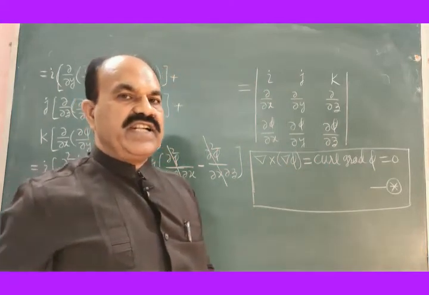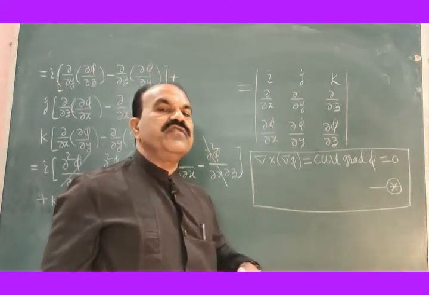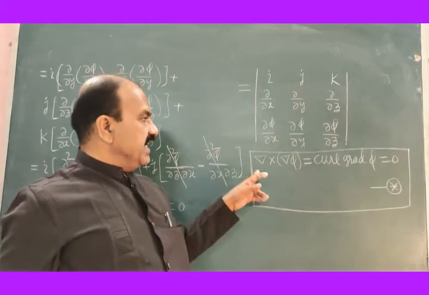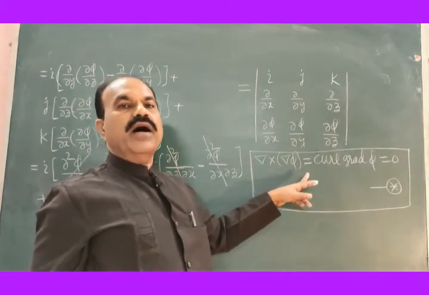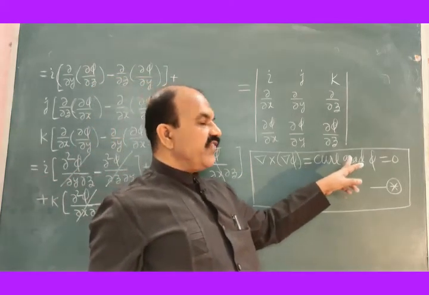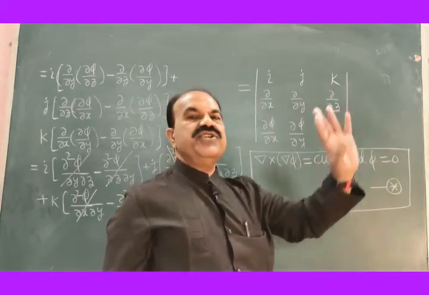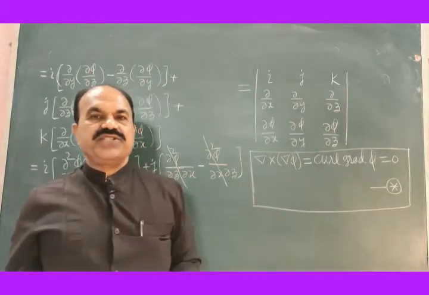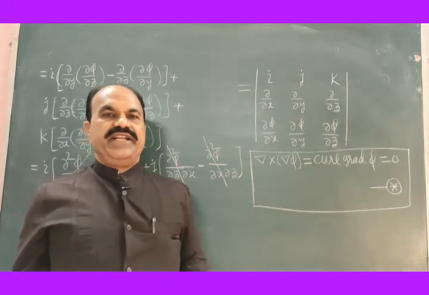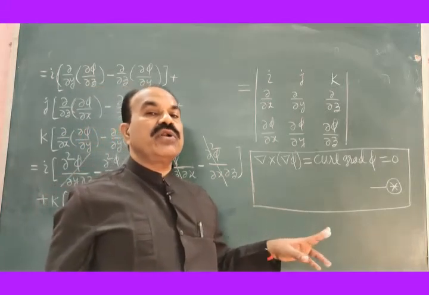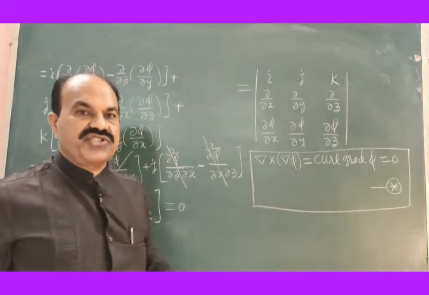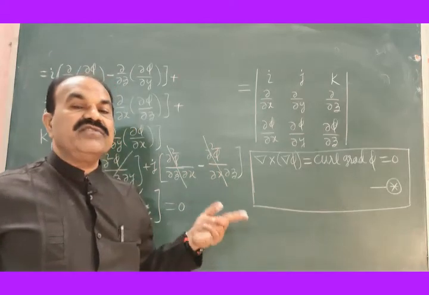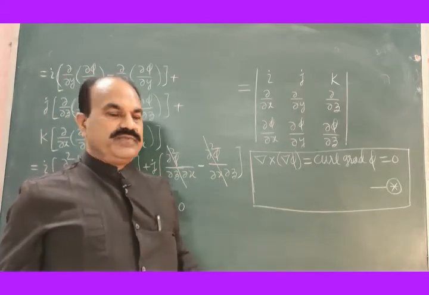What is the first vector identity? What is the result of the first vector identity? Del cross del phi, or curl of gradient of phi, is 0. This is the first vector identity. It is true for all scalar functions. Curl of gradient of phi is always 0.